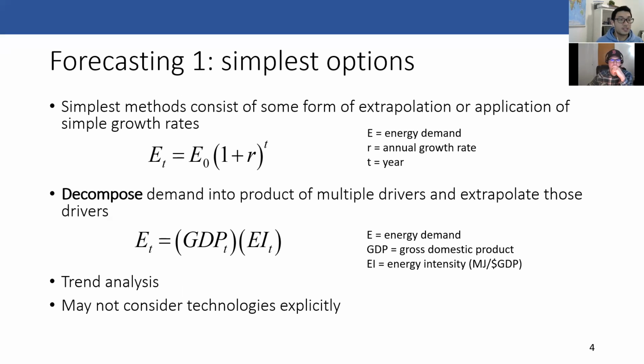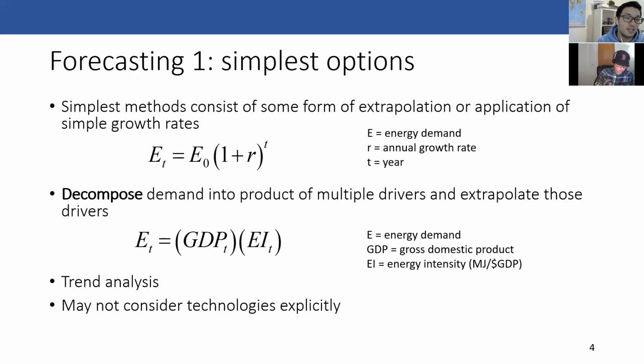So the first set of system-wide models that we'll be talking about are the simplest options. Again, this may look somewhat familiar. This is an extrapolation using simple growth rates.